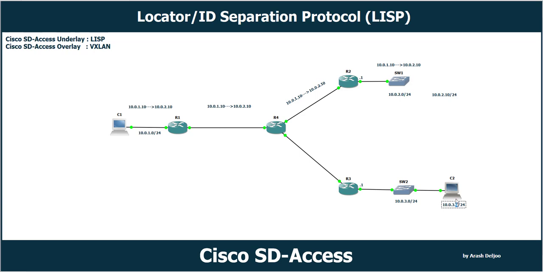This new IP address is 10.0.3.10, for example. Because we need to have communication with computer 1, and this is a two-way communication, computer 1 should send its traffic to 10.0.3.10. Again, the traffic will be forwarded from router 1 to router 4, then to router 3, and finally to computer 2.